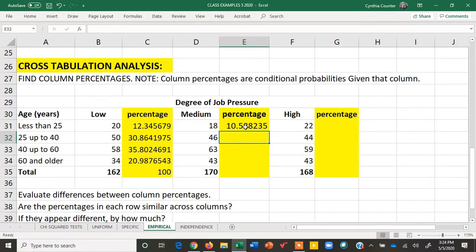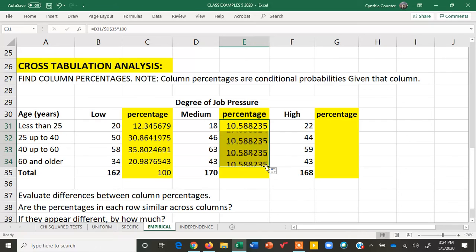So we get 10.588. I copy these down to have 27.058, 37.058, 25.294. And I always love to do these double checks, make sure I have the 100% here. So here are the column percentages for medium job pressure.